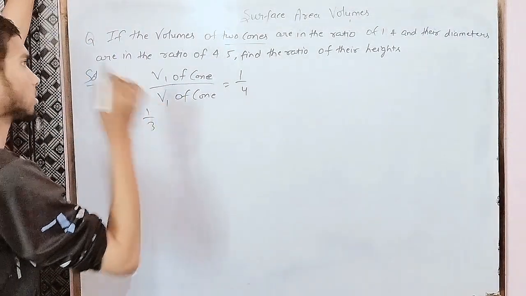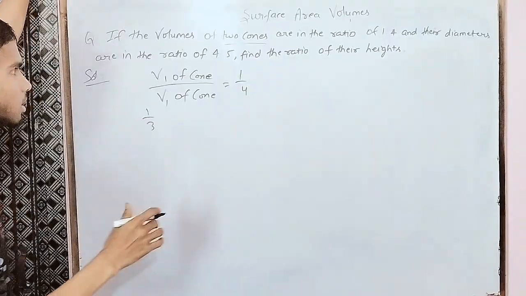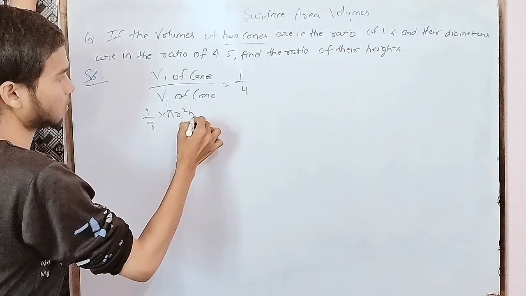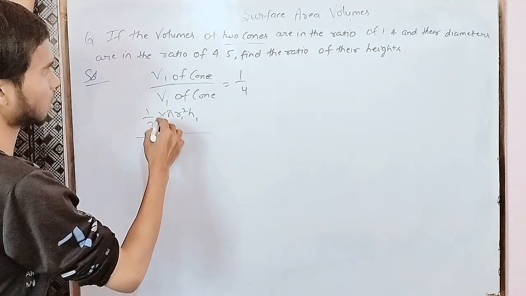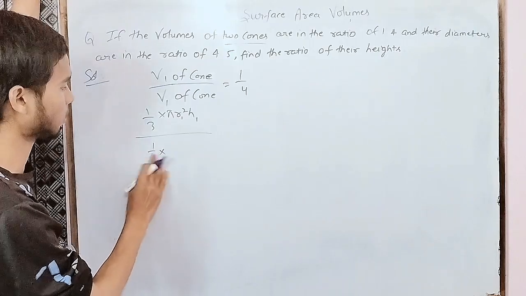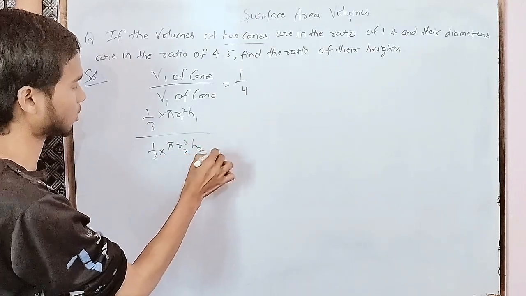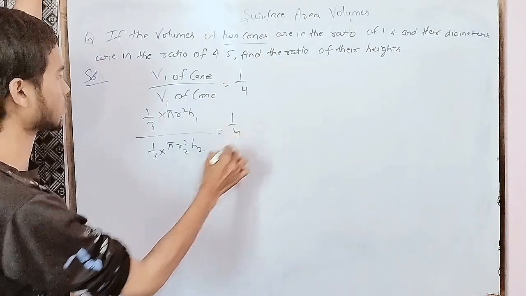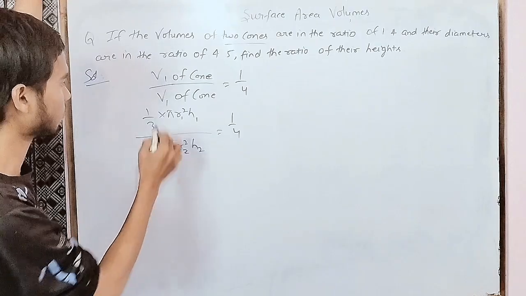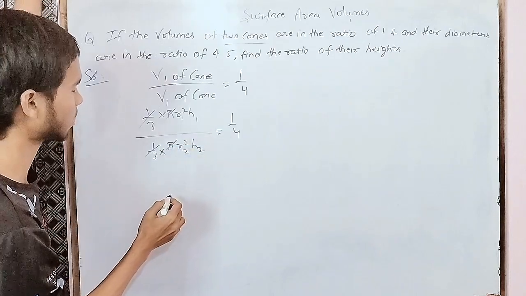It is the volume, not the curved surface area. So 1 by 3 pi r square h. Again, this is for the second cone: 1 by 3 pi r square h2 upon 1 by 4. Here this will get cancelled out, and this will get cancelled out.